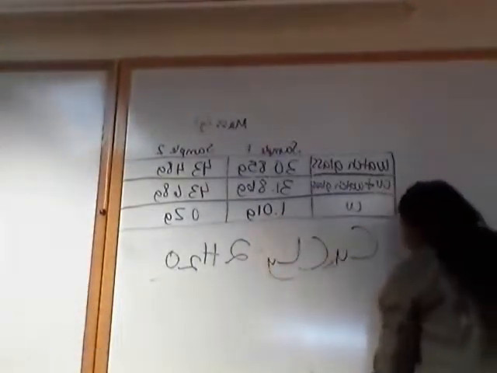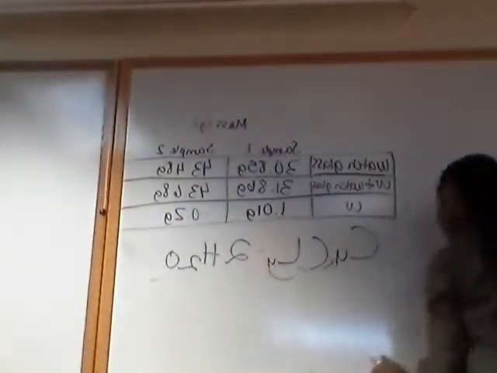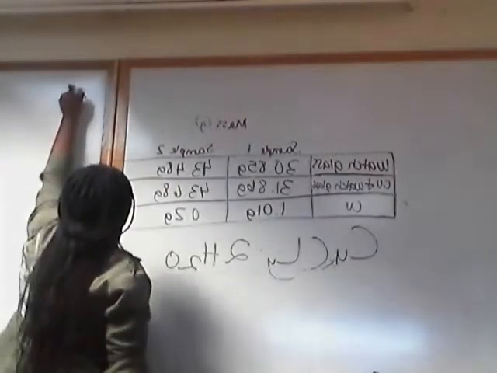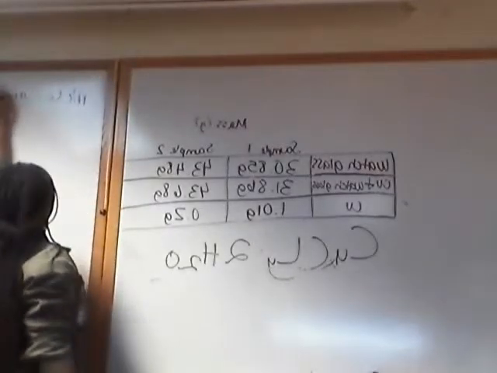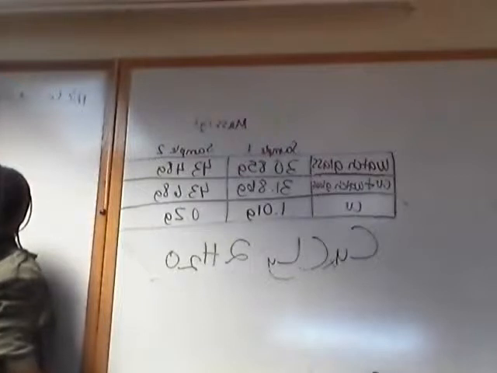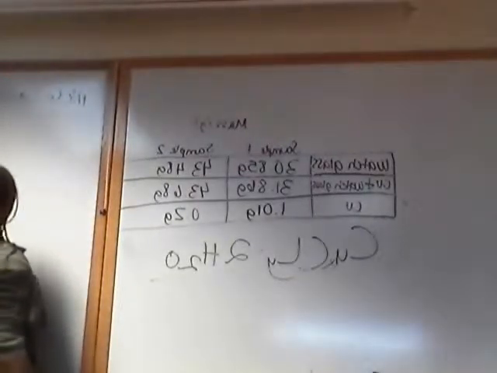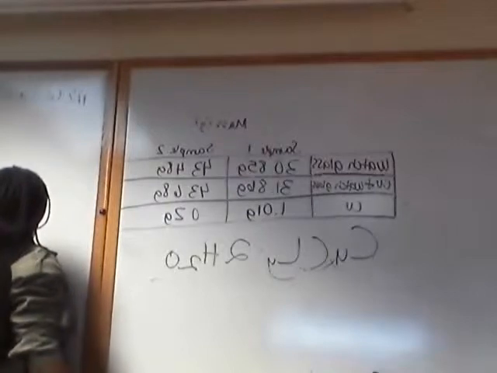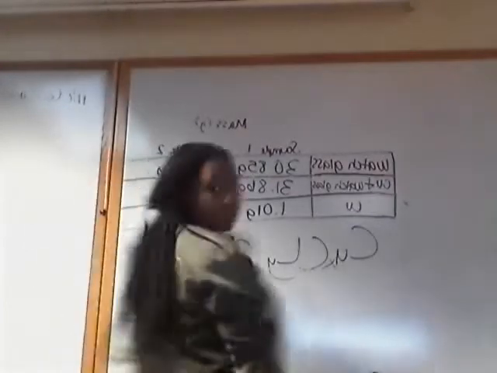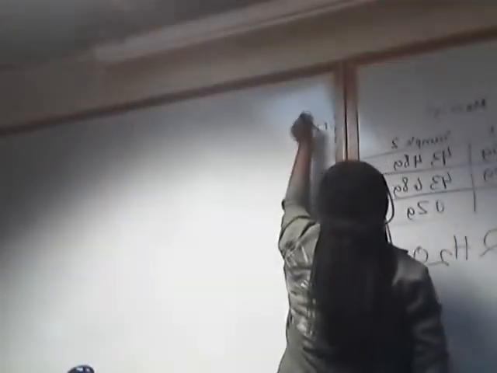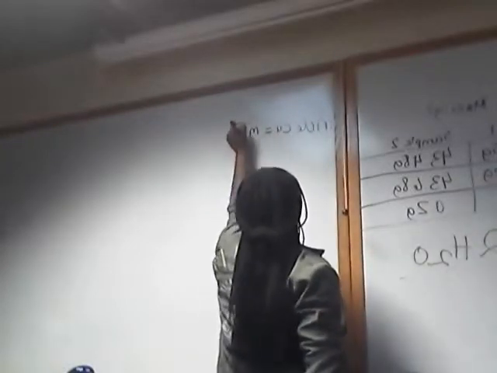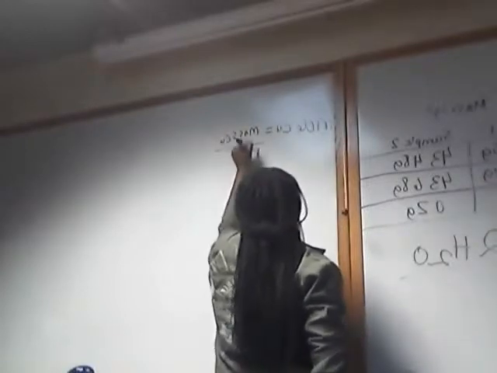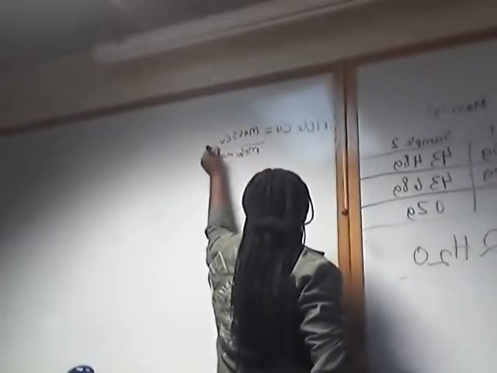Let's find the mole of all of them. The mole of copper, Cu, is equal to the mass of copper over the molar mass of copper.